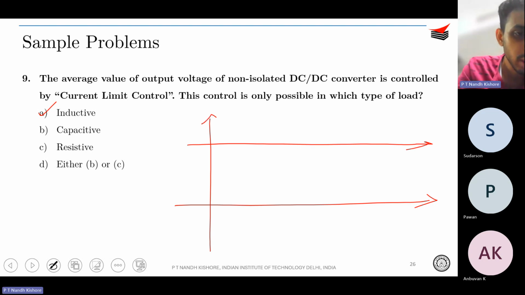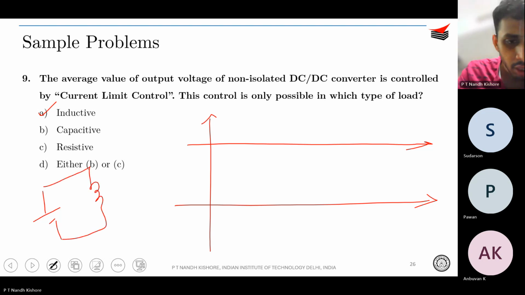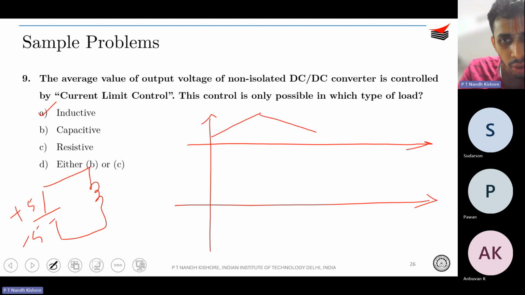Simple, right? So for example, if you have a voltage source and an inductor, the voltage source alternates between +5 and -5. Let's say +5, -5. Then the inductor current is going to rise and then fall, rise and then fall, right? Whenever it is +5, the dI by dt is going to be positive, and whenever it is -5, the dI by dt is going to be negative.